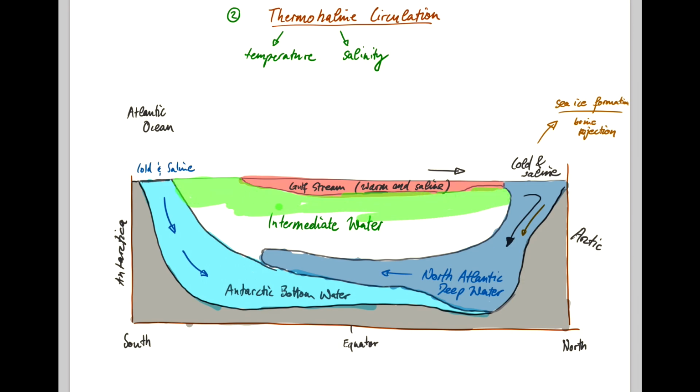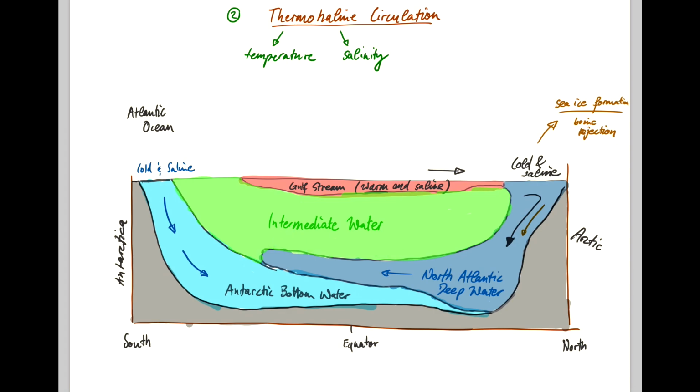And that raises an interesting question, namely where does the upwelling happen? If we have this creation of lots and lots of heavy downwelling water, that must be balanced by upwelling. And the answer to that is not that trivial.